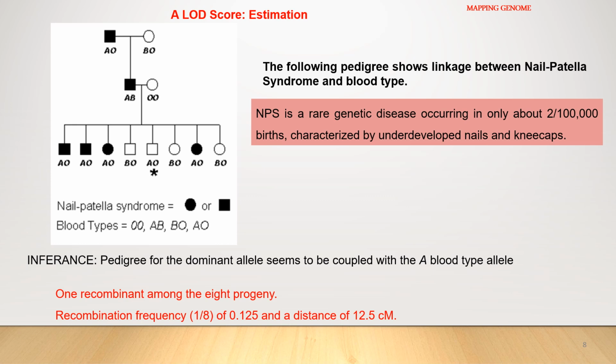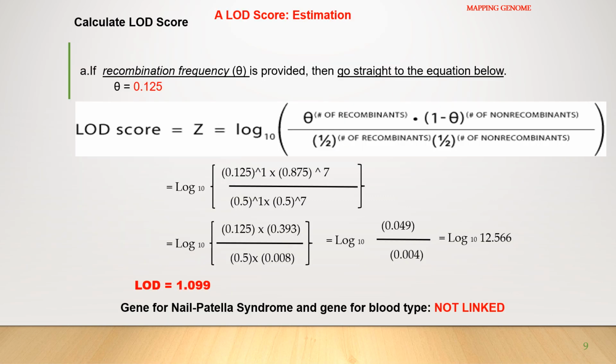Now here, since we know the recombination frequency, that is theta is 0.125, we can go for estimation of the LOD score by using the formula for LOD. Since the theta value or the recombinant frequency is known, that is 0.125, we can directly go for calculating the LOD score.